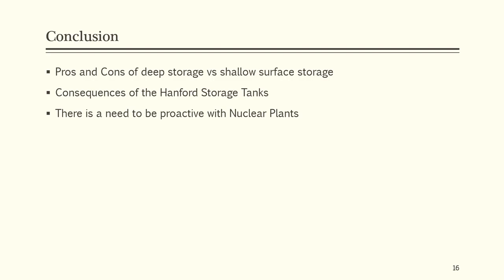And so the consequences of the Hanford storage tanks is that the pressure buildup created heat, and over 67 of the storage tanks leaked into the surrounding soils, which then contaminated the groundwater. And because of poor management, sometimes they just dump the waste right into open trenches.